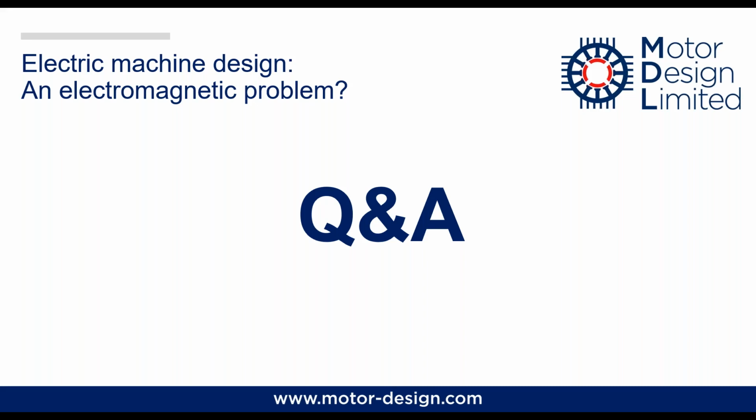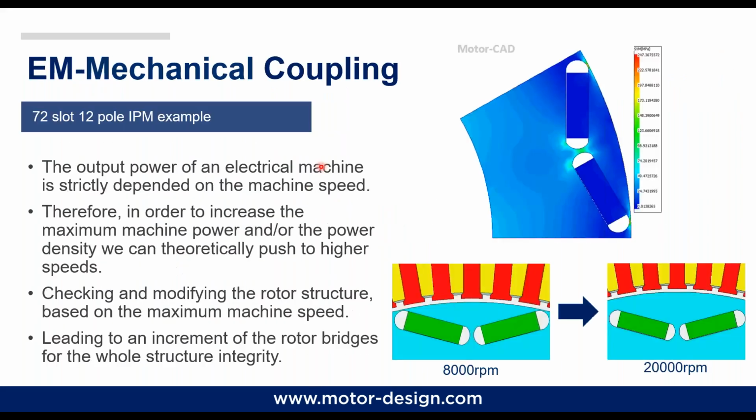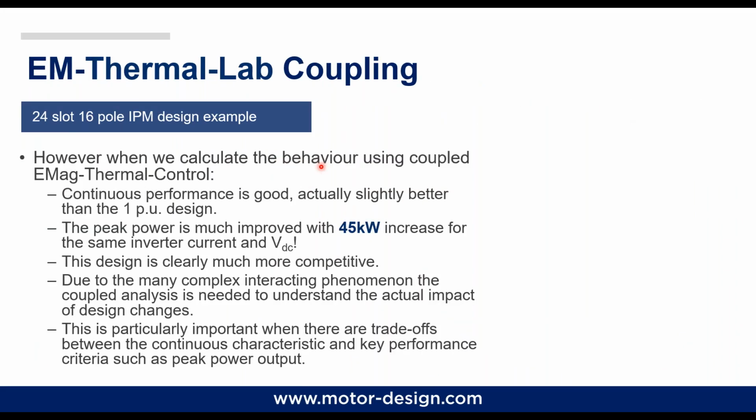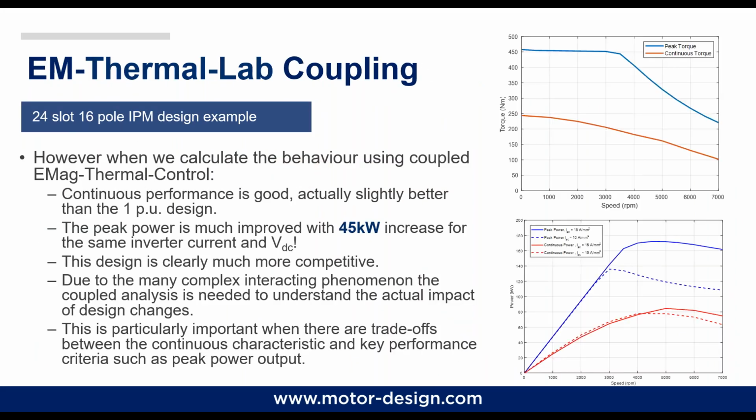So I think Andrea is referring to, for example, this one, the continuous performance. What I mean by continuous and peak performance of the machine: when we speak about peak performance, so peak torque and peak power of the machine, we're considering the machine operating for a few seconds.